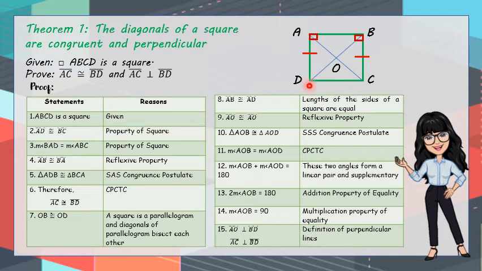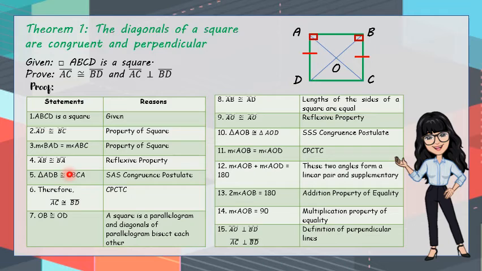So again, we have here AD congruent to BC, corresponding parts. So that is already one pair of sides. And then we have here your angle BAD, which is this one, and angle ABC. So these two angles are equal in measure because again, property of the square, all angles are congruent, or all angles are equal in measure.